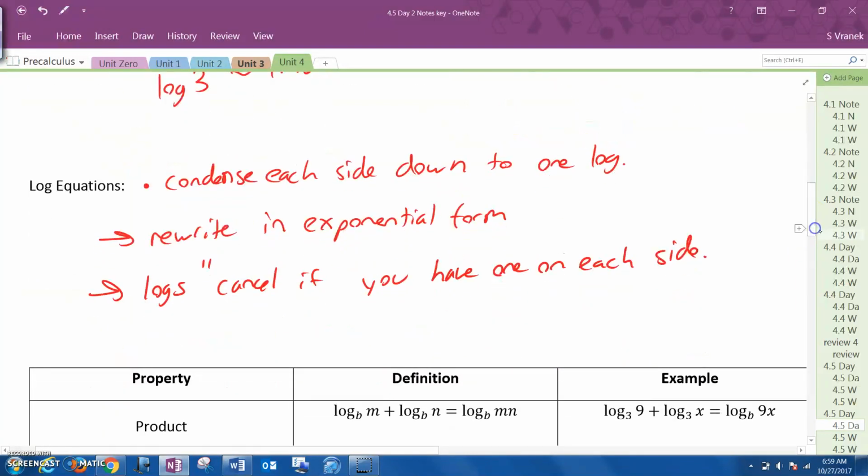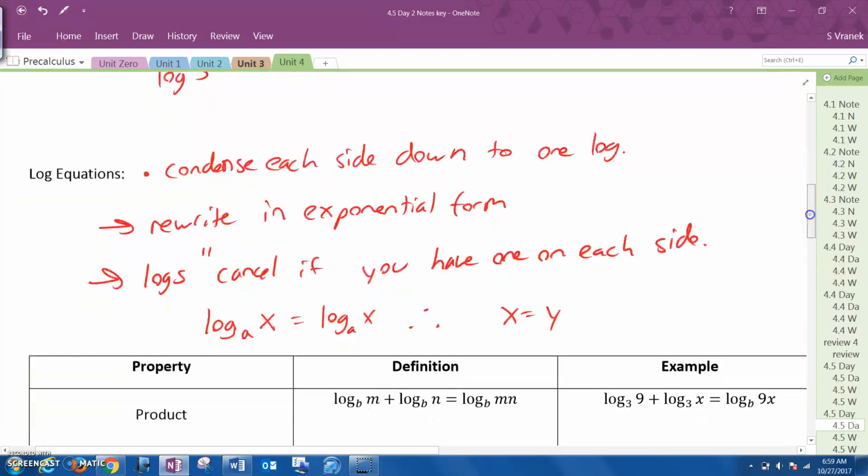What that's saying is, if you have log base a of x equals log base a of y, then you can say that x equals y. Okay, we'll talk more about that tomorrow.